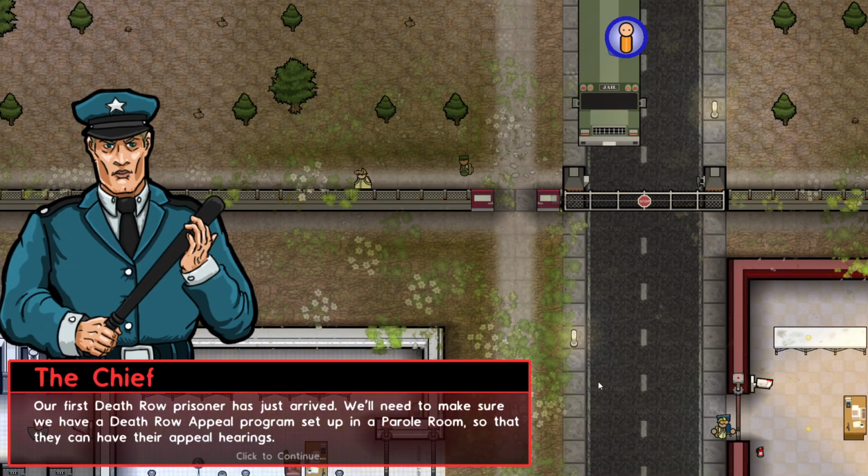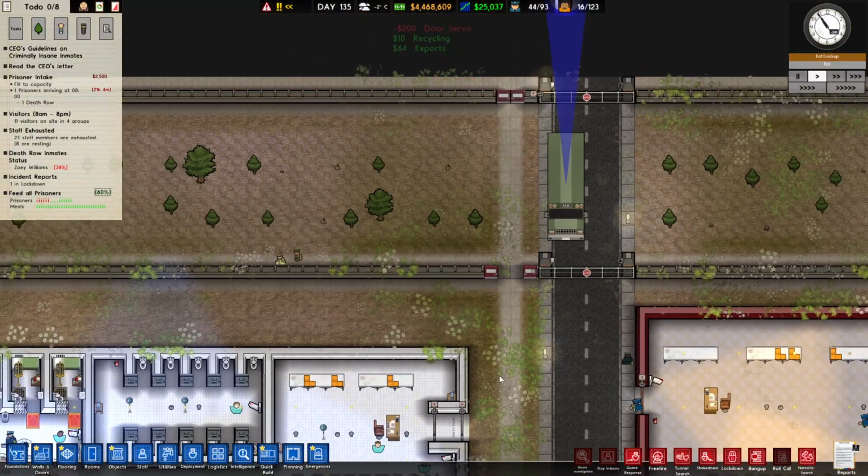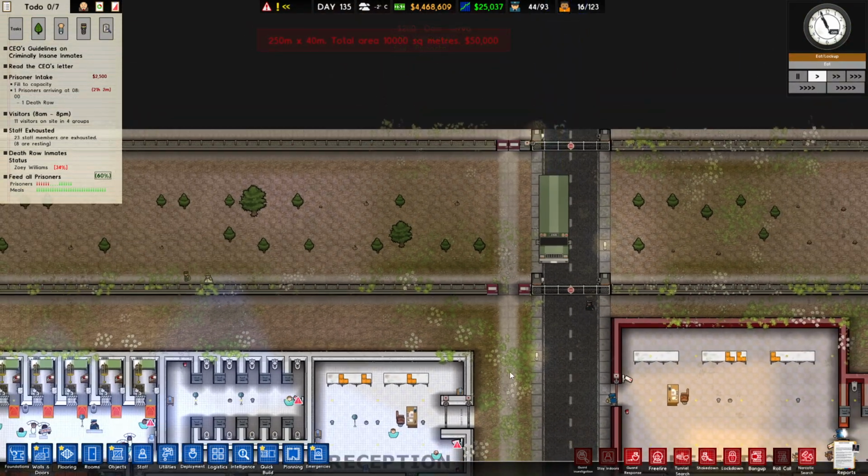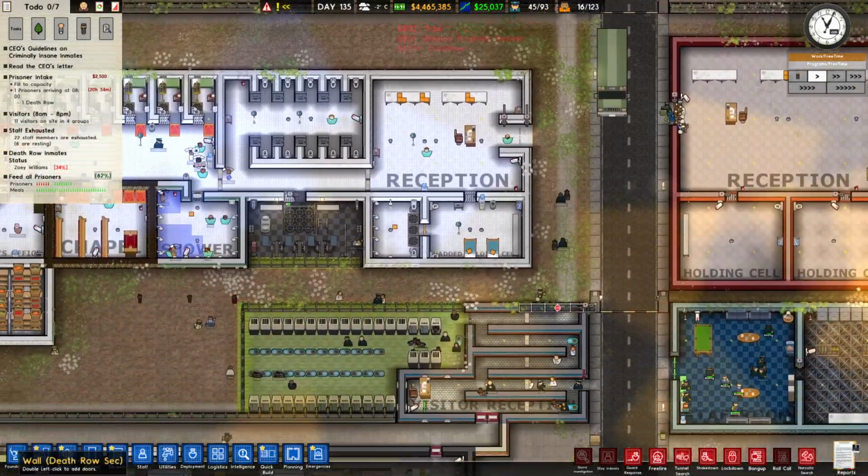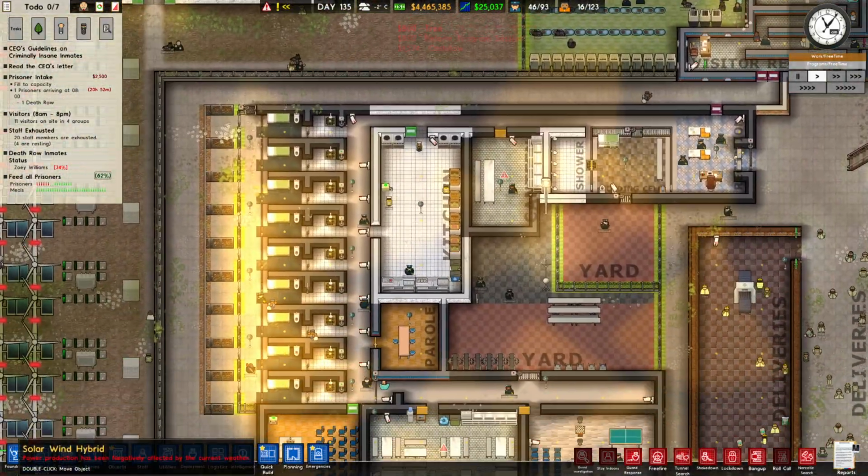Oh, there they are. You just had a bad luck of vehicles because I forgot the servo. So where's my door control system? I think I've forgotten that one as well. Make sure.